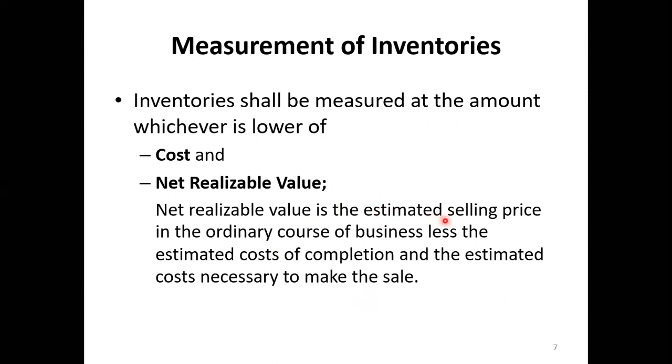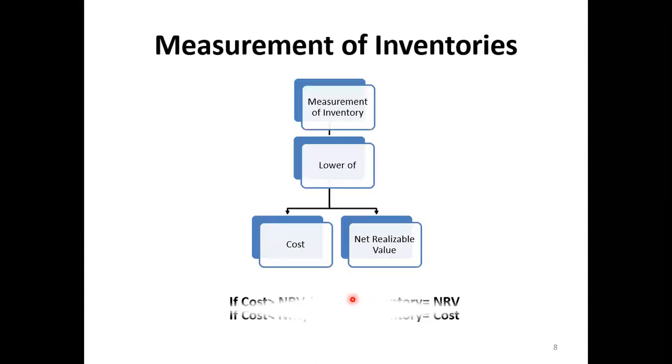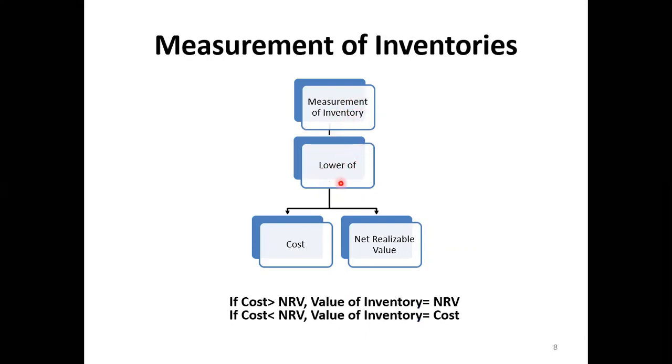Net realizable value is the estimated selling price in the ordinary course of business less the estimated cost of completion and the estimated cost necessary to make the sale. So for measurement of inventory, we take the floor value, the precaution concept: lower of cost and net realizable value. We compare both the cost of the inventory and the net realizable value and choose the lower value.